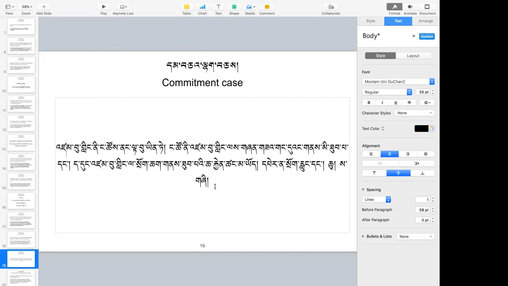So this is just a small example. Normally, when you write an extensive explanation, you have to write either a 5 or 6 line paragraph, or sometimes multiple paragraphs are also written.